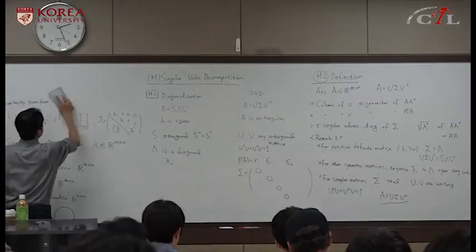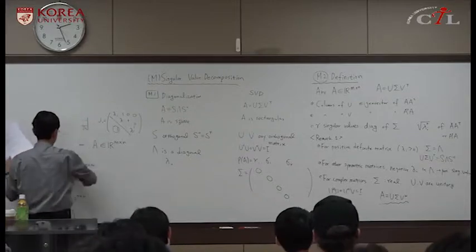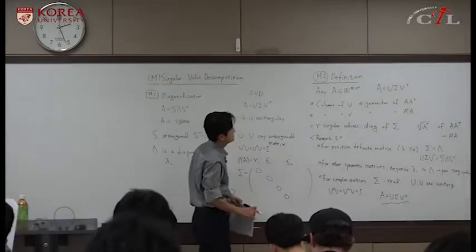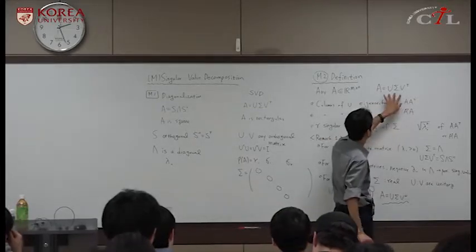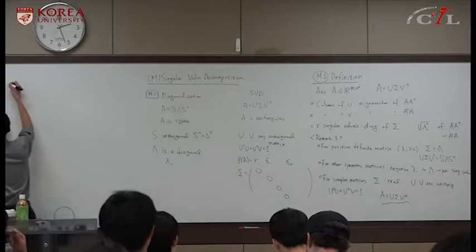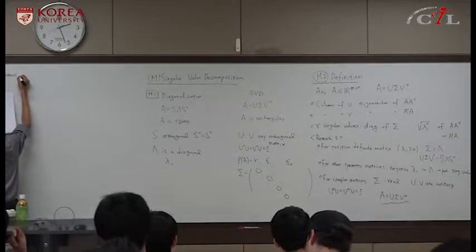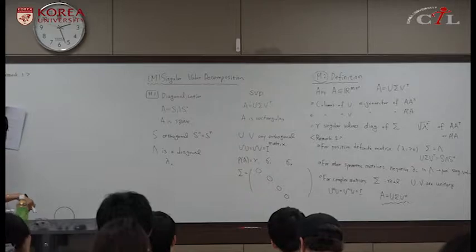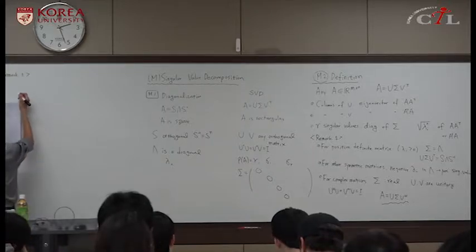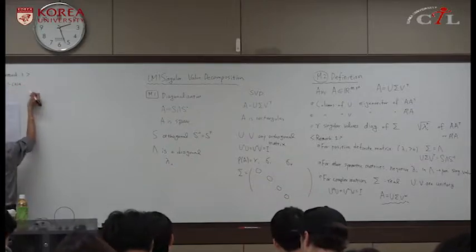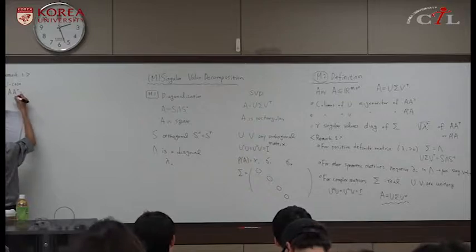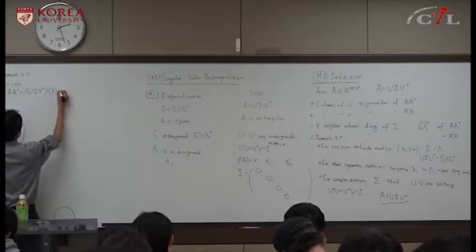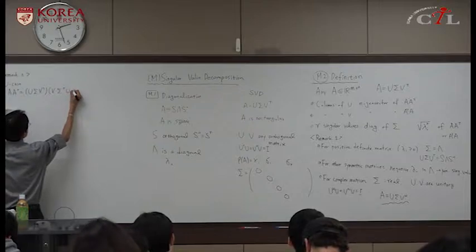And remark 2. U and V contain eigenvectors of A A transpose and A transpose A, in the columns of U and V. First, take a look at U. If we have A A transpose, then A is U sigma V transpose, and A transpose is V sigma transpose U transpose.